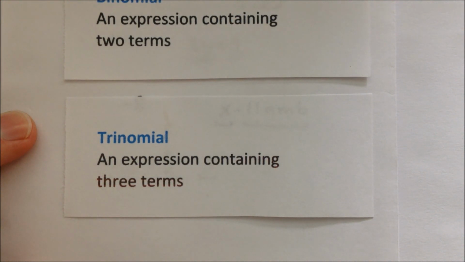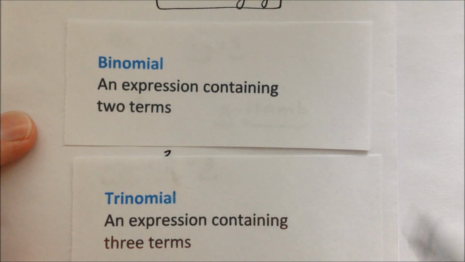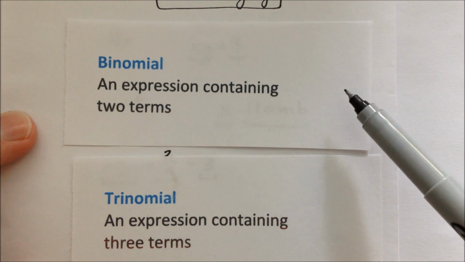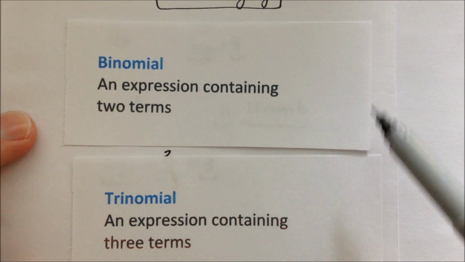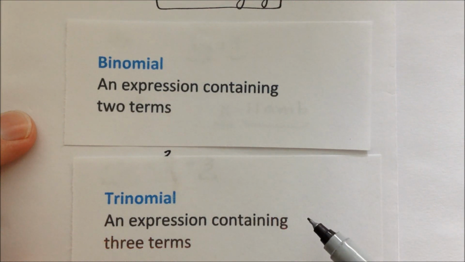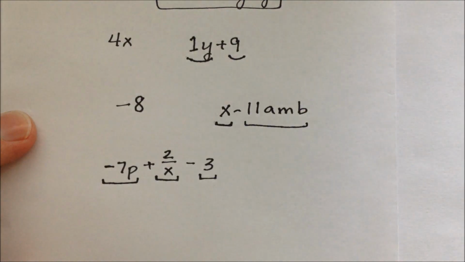And those are prefixes that you'll see other places in life, like a bicycle versus a tricycle. Well, how many wheels does a bicycle have? 2. How many terms does a binomial have? 2. How many wheels does a tricycle have? Well, 3. And how many terms does a trinomial have? 3. So these prefixes are helping us to know how many terms each one of these expressions has.